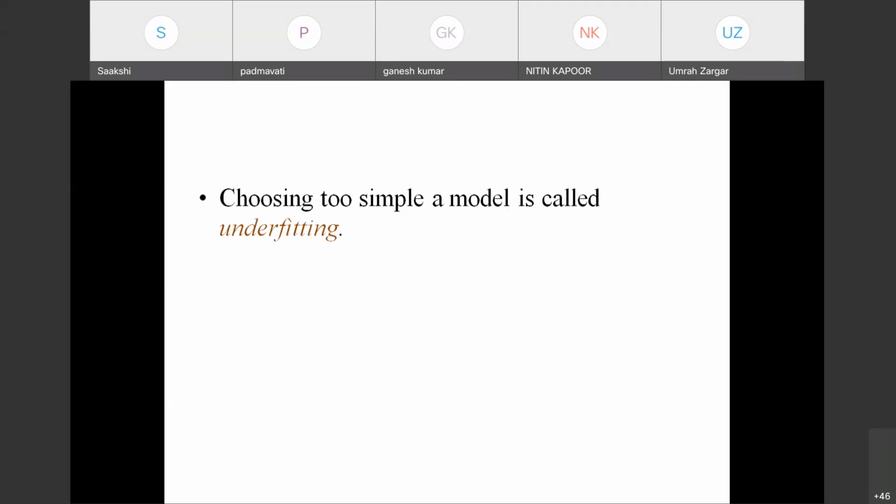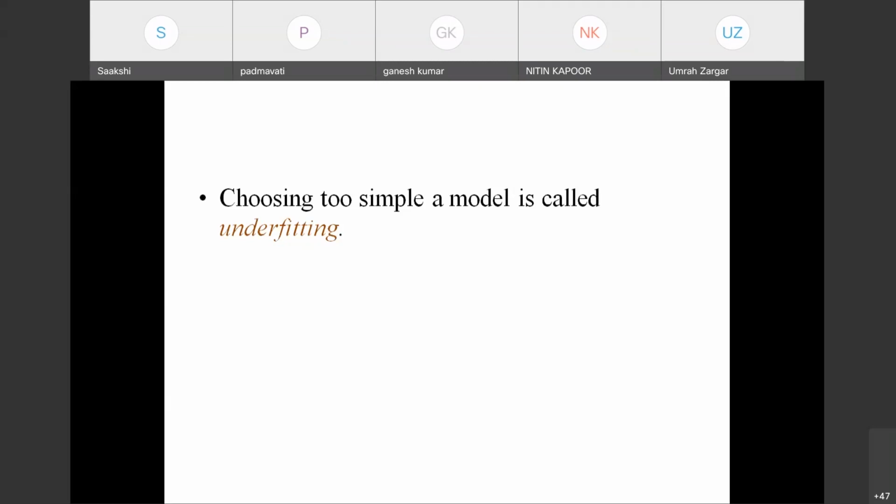So during training I'm trying to build a complex model such that my entire training data will give good accuracy. That is nothing but overfitting. Why is overfitting occurring? Because the name itself suggests it has overly fitted on the training data. That means all data points have been fitted correctly on my training data.